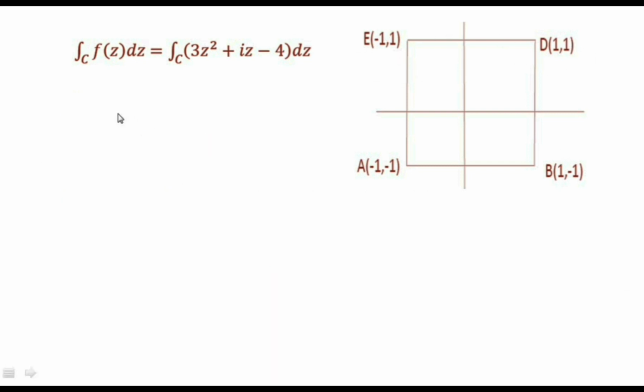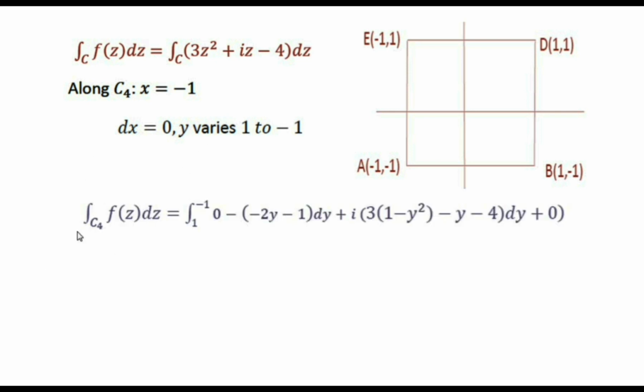Coming to integral over C4 of f(z) dz, where C4 is the line EA. Along the path EA, that is the fourth path, it is a fixed line x equals −1, which implies that dx is 0, while y varies from 1 to −1.